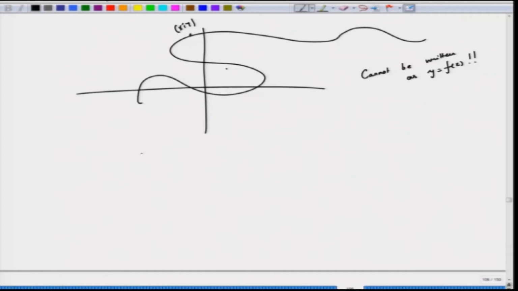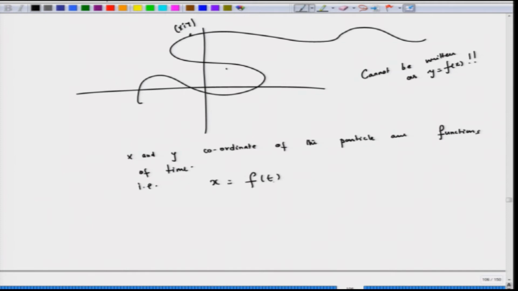So, the x and y coordinates of the particle are functions of time, that is x is equal to f of t and y is equal to g of t.